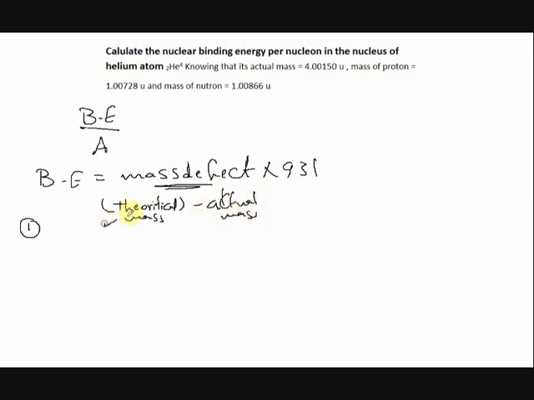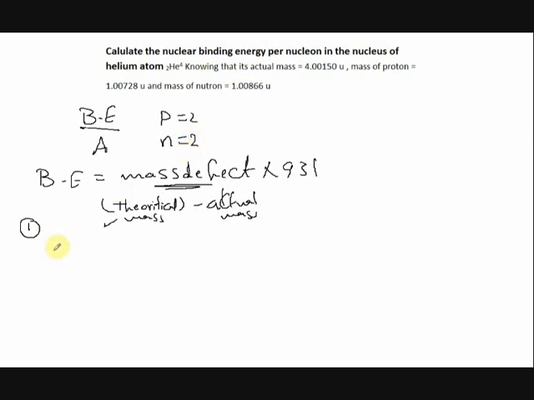So we need to calculate first the theoretical mass. Theoretical mass equals the number of protons times its mass plus the number of neutrons times its mass. The number of protons here equals 2 and the number of neutrons equals 2.